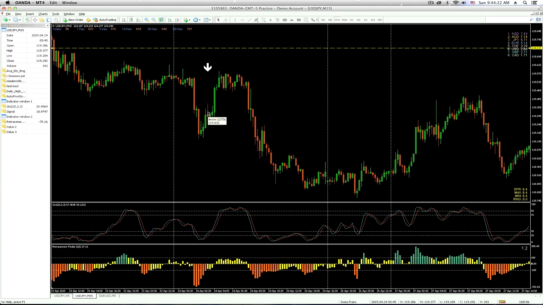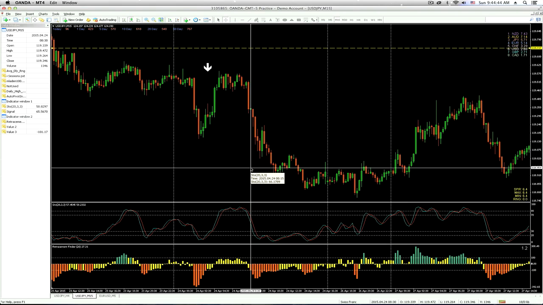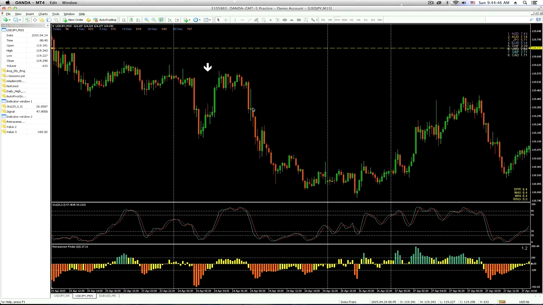Same setup being we're looking for the stochastic to rise above 80 and then fall back below 70, with confirmation of the CCI going below 100, at 100 or below. And right here, we can see that that happens on this doji right here.